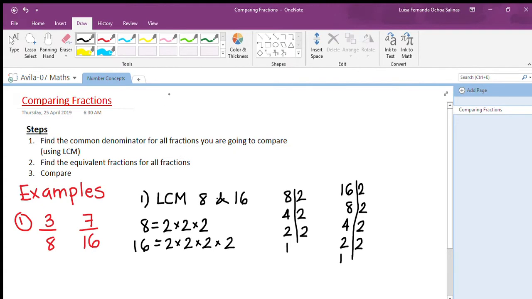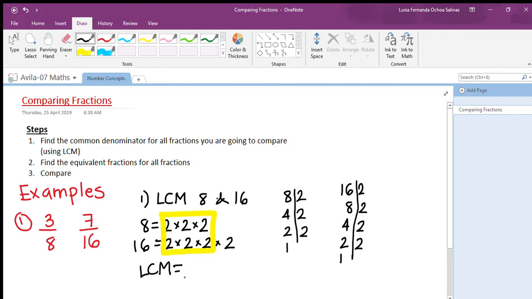I'm going to use this yellow pen here to highlight those that are common. Perfect. And remember that to find the lowest common multiple, we write each pair of common factors only once. So I'm only going to write this one once, once, and once.